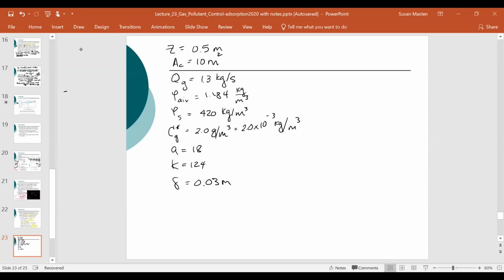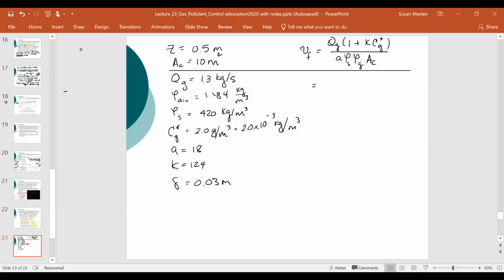Okay. So the velocity of the adsorption front is Q_G times (1 plus K C_G star) over A rho_S times rho_G times the cross-sectional area.